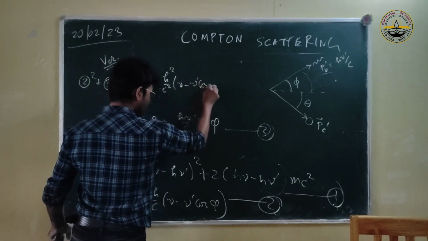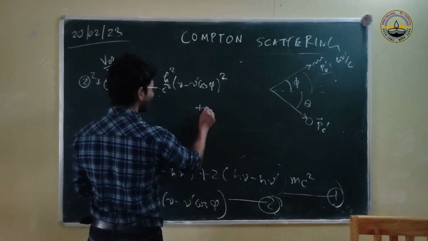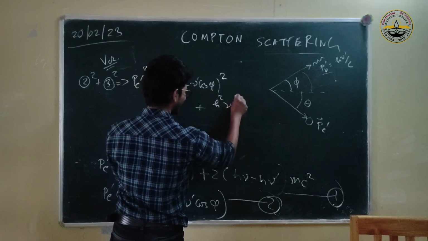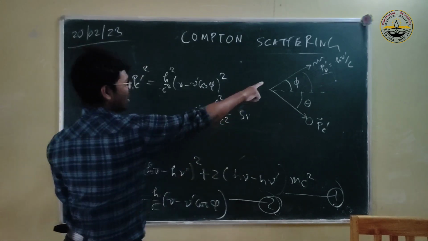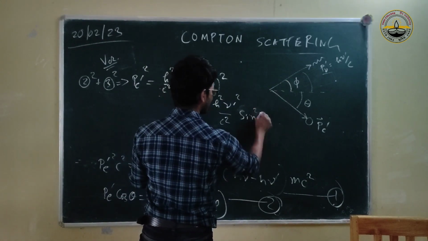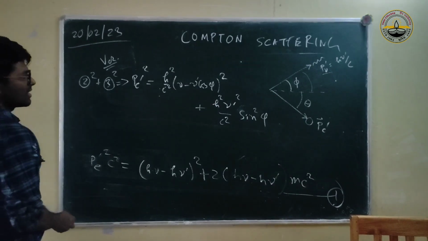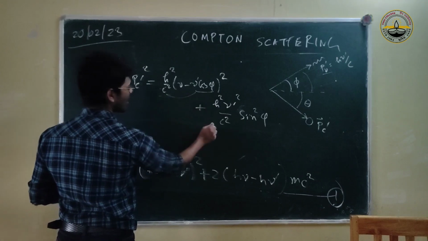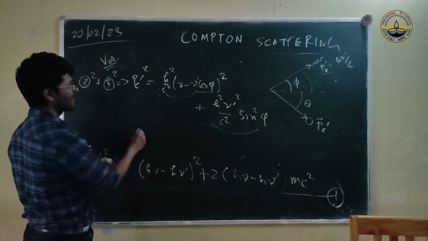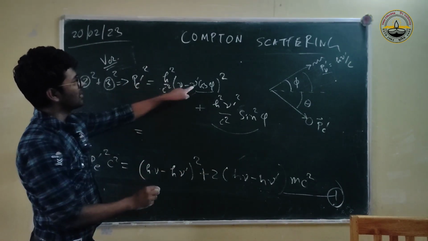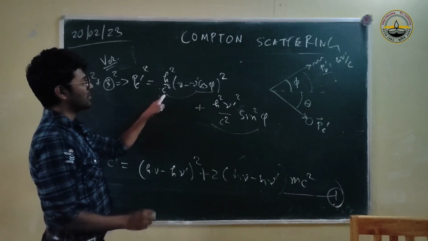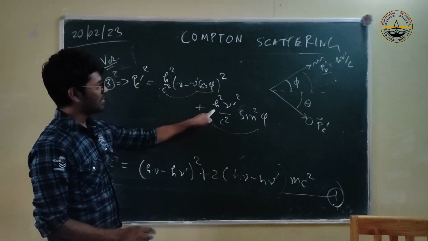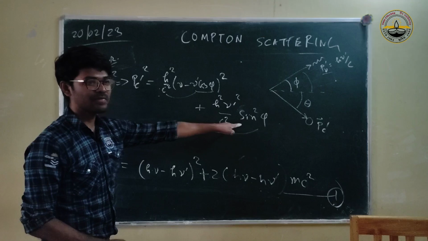Once again, this thing will add up: h square nu prime square cos square phi by c square, and here we have h square nu prime square by c square sin square phi.